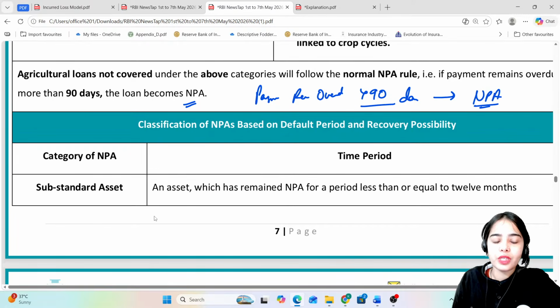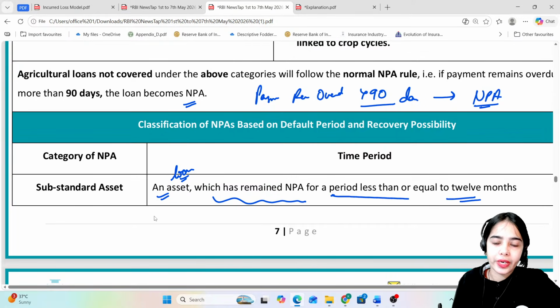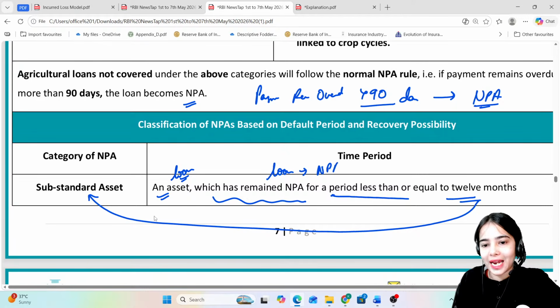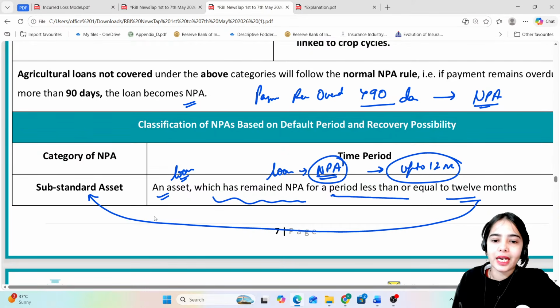Now, if the loan has remained NPA for a period less than or equal to 12 months, it will be considered a substandard asset. So if the loan is under the NPA category for a period up to 12 months, that loan will come under the substandard asset category.